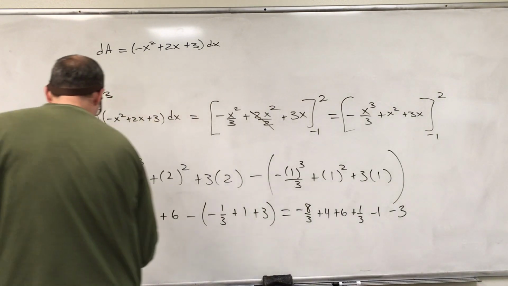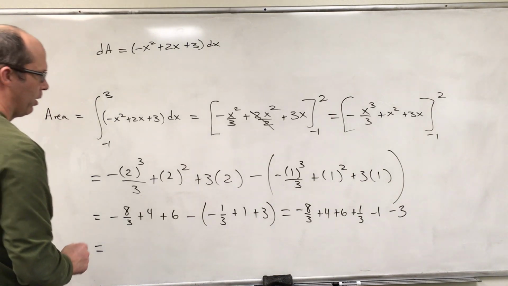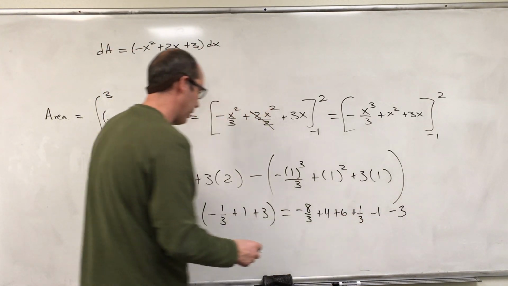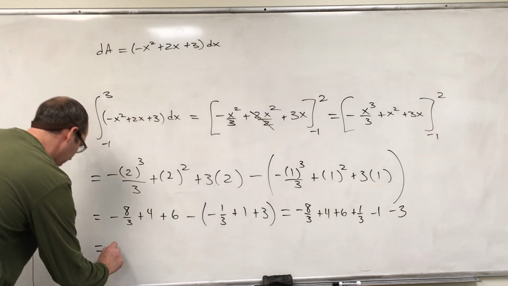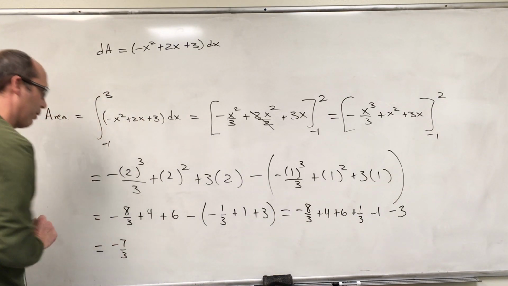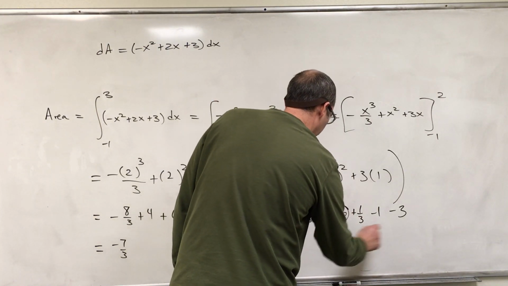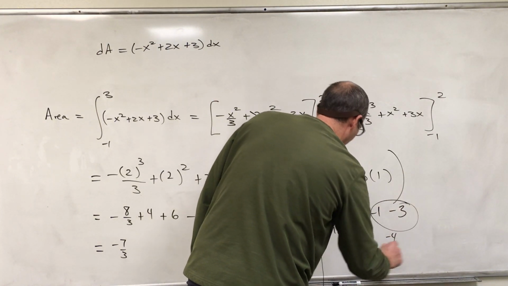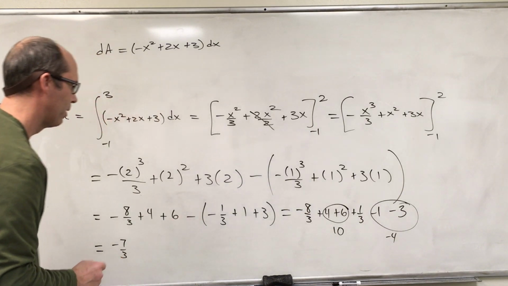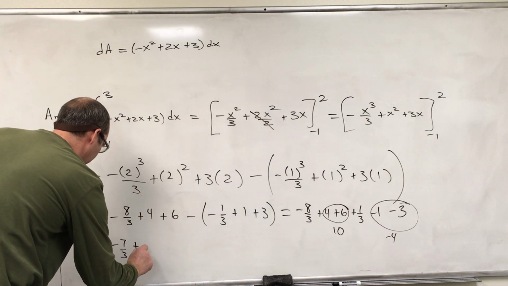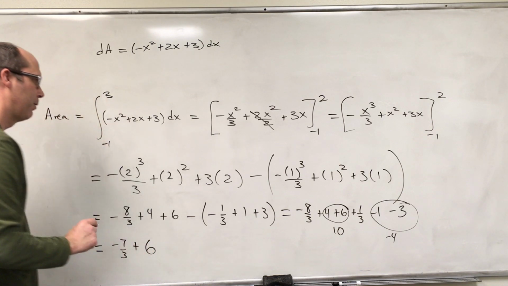Negative 8/3 plus 1/3, I guess that's a negative 7/3. Negative 7/3, and then all these numbers. This would be a 10 here. This would be a negative 4. So 10 minus 4 is 6. So plus 6.